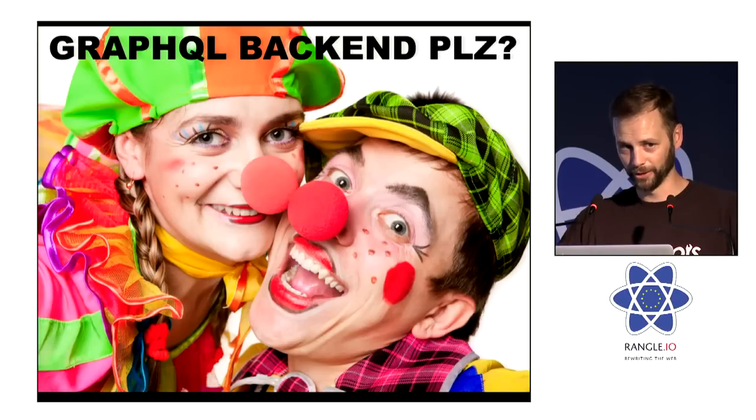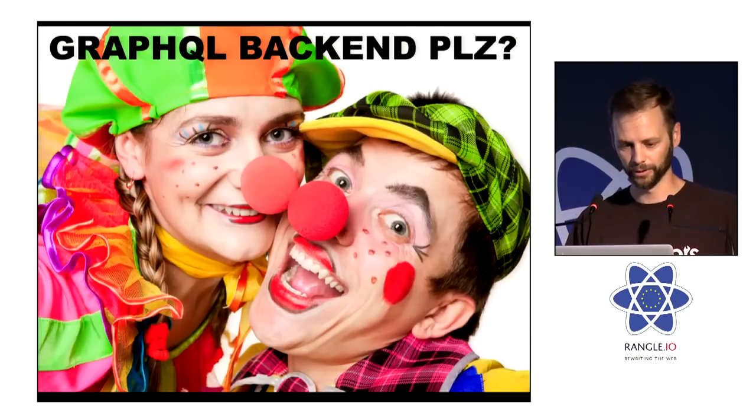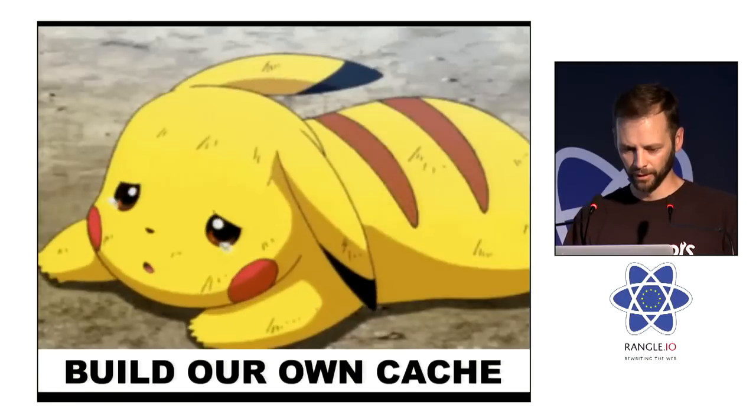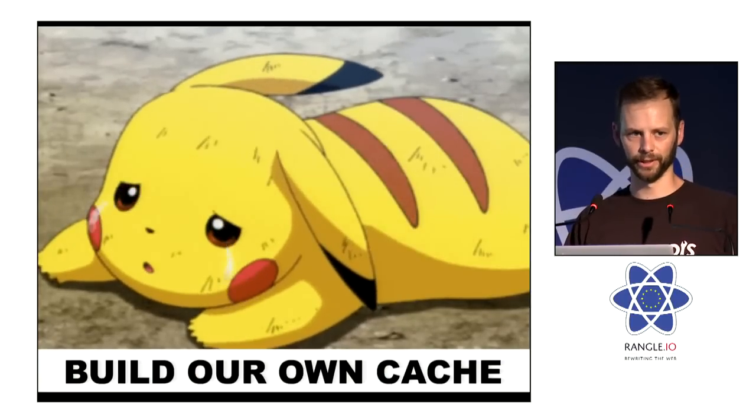So I'm very excited about GraphQL, but it's going to be kind of hard to get there for a lot of teams. Greenfield apps, absolutely. You could just go there from the start. Brownfield applications, however, you'll need to, that's awesome that we just learned that we can iterate toward it as well. But you'll have to convince some people. And so then you think, all right, I'll build my own cache in the front end because I don't get to use Relay because I don't have a GraphQL backend.